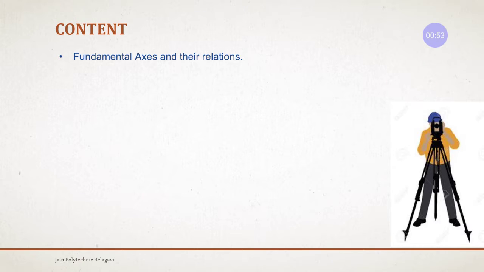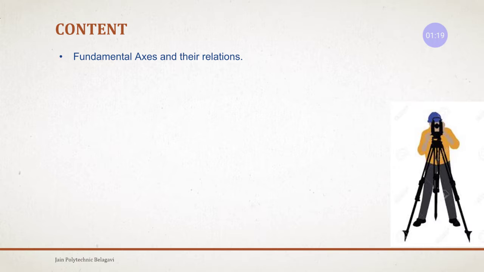When we go for the reading, how to read the values, we'll do it in a video which will be shared in the lab, where you will learn how to get the observations and values accurately.